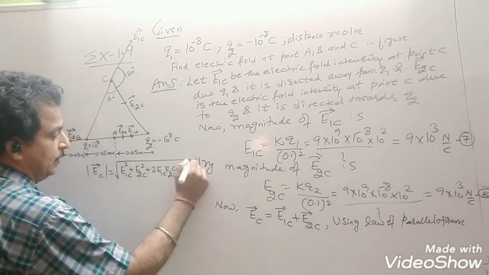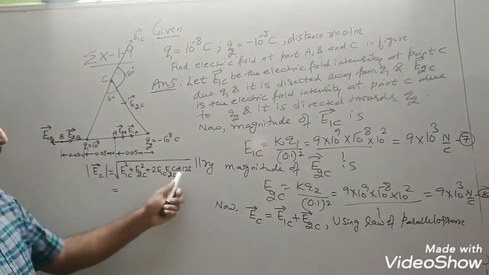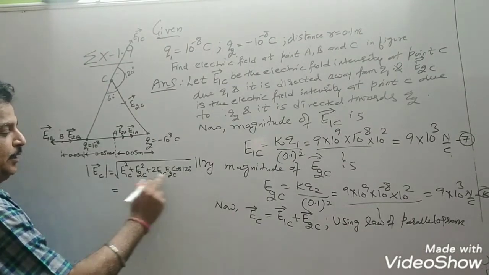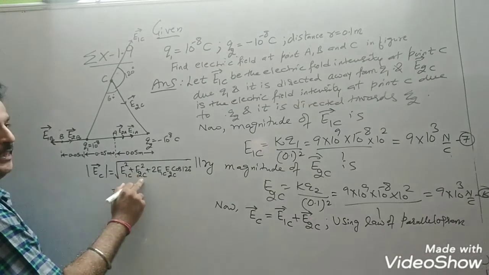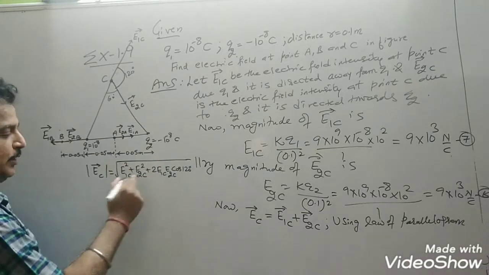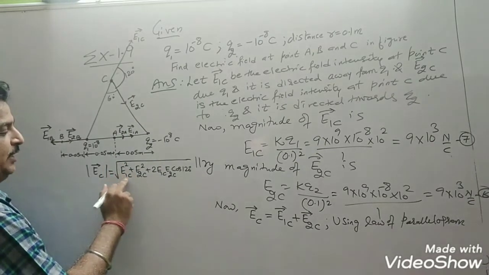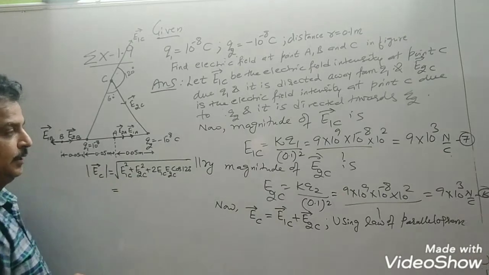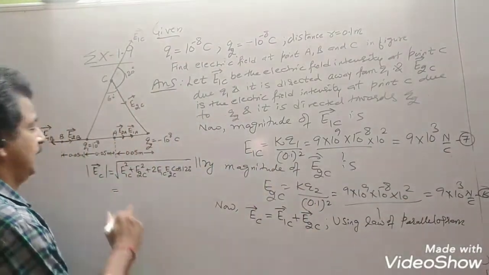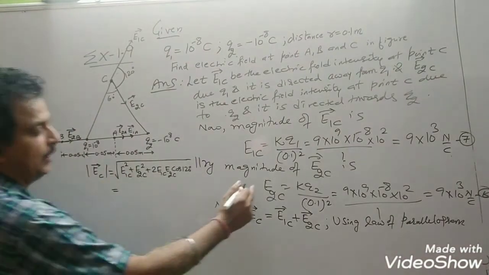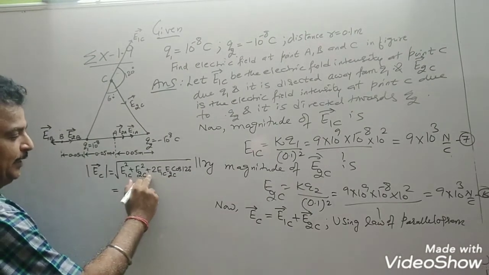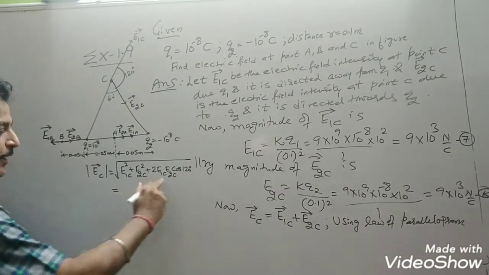Cos 120. So cos 120 is minus half. Also the magnitude is same, E1C is equal to E2C. So this is E1C square plus E1C square, twice E1C square. So E1C square plus E2C square, both having the same magnitude, it becomes twice E1C square or twice E2C square. Now this cos 120 is minus half, 2 is cancelled, so minus E1C E2C, that is again square.